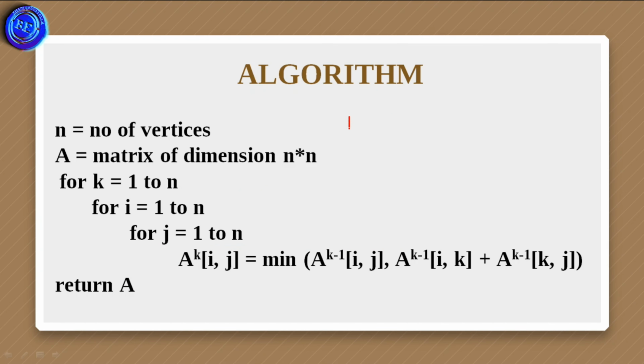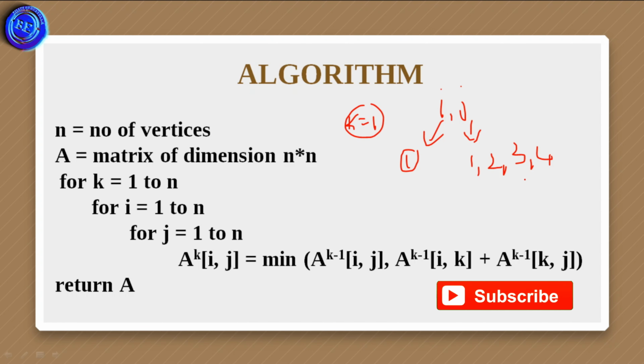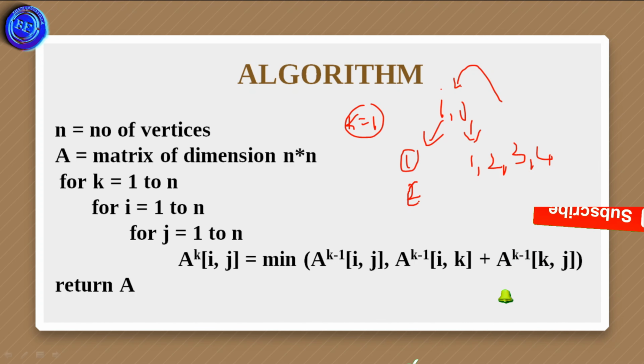So if I consider the k value equals 1, then the i, j values are also 1 and 1. Initially the i value remains constant and the j value is incremented. That means 1, 2, 3 and 4, as we take 4 vertices. After calculating the j values, it comes back to i and the i value is incremented to 2, and again the j values are calculated.